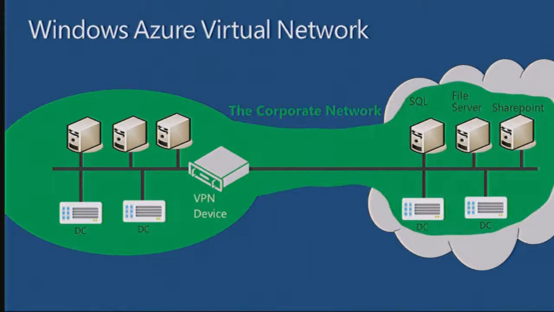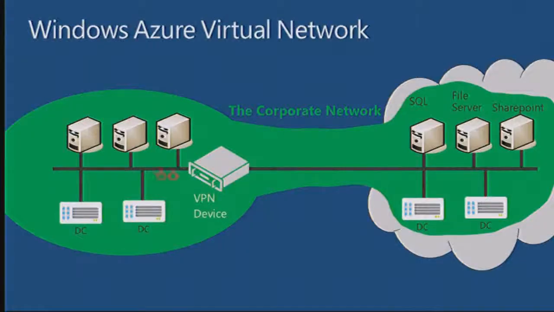What that means is that we've effectively extended our corporate network into the Windows Azure data center, but not into the entire data center, only into our segment where our resources are held. If I've created 4 VMs, or in this case 5 VMs, they're on my isolated network segment that nobody else has access to, and I've just extended the corporate network into that part of the Azure data center.